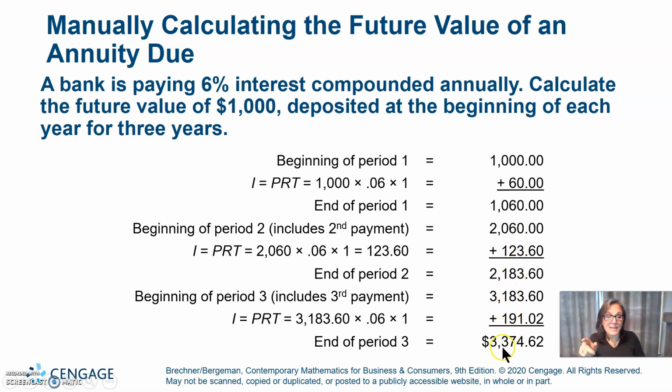And we get down to the end and we get $3,374.62. And the amazing part is the interest rate is less, the deposited amount is the same, but your ending balance is more, right? Because of the annuity due approach of depositing the money at the beginning, not at the end. So that's important.